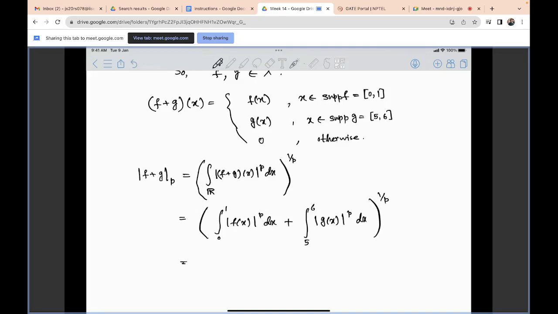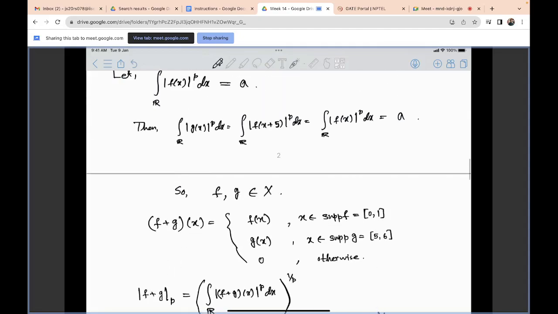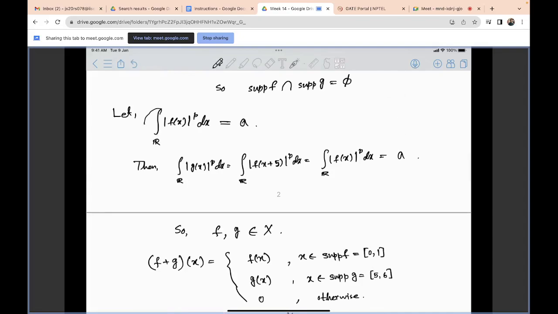This is the same as the integral from 0 to 1 of |f|^p dx, and the same as the integral from 5 to 6, because the support of g is only 5 to 6.